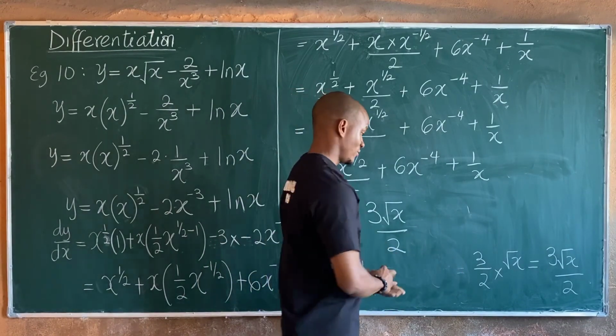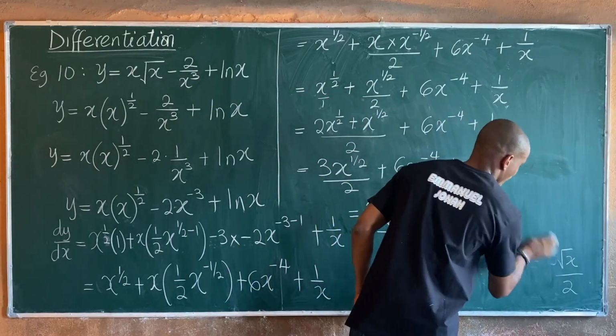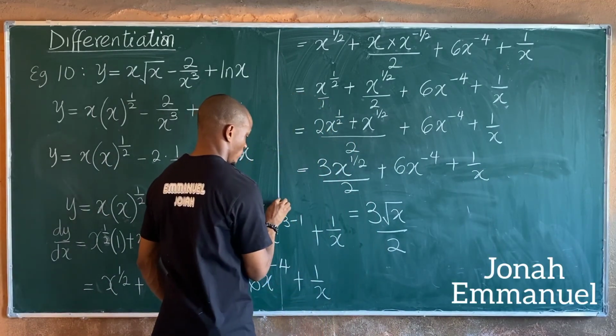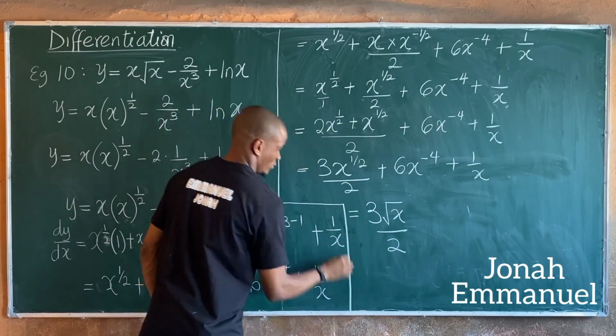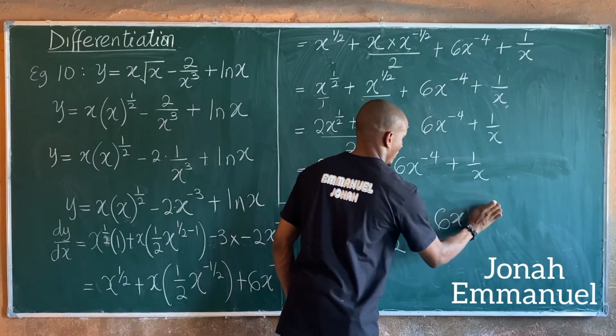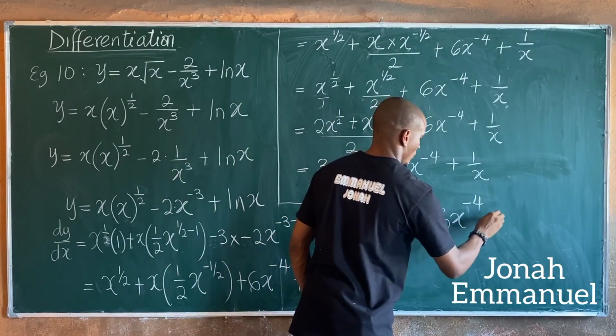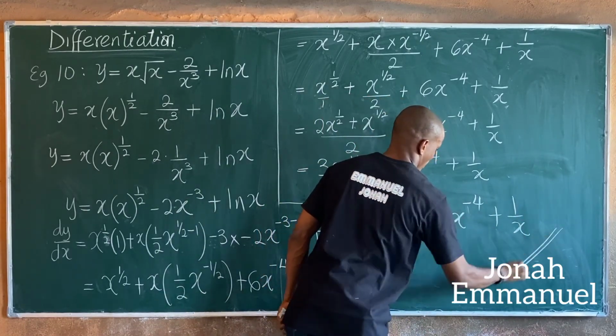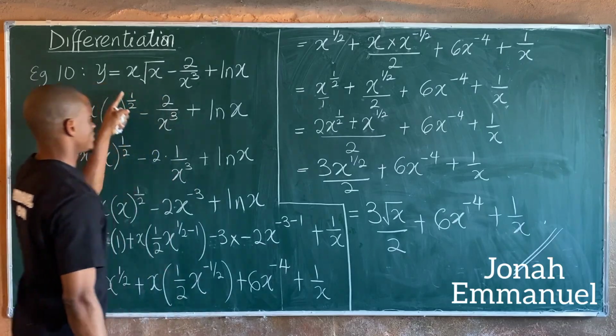So I have the same thing. It's now equal to this one here plus 6x power minus 4 plus 1 all over x. So this is your answer if I differentiate this term.